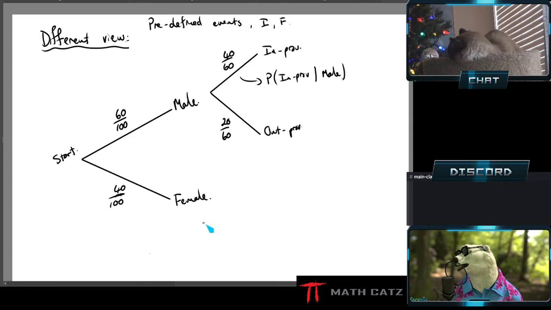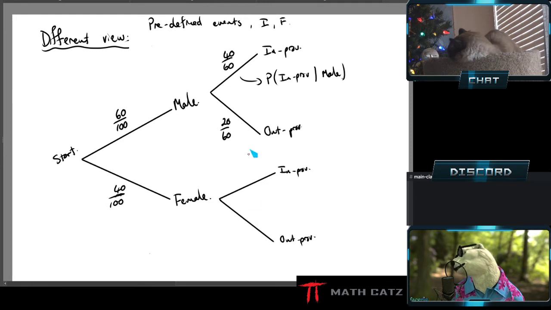Because when it's a female, I'm going to take the bottom branch and then ask the same question. Either way, I'm asking the same questions, but different things could happen in the sequence of questions I ask. If my selected person is a female, I will still ask if they're in province or out of province.